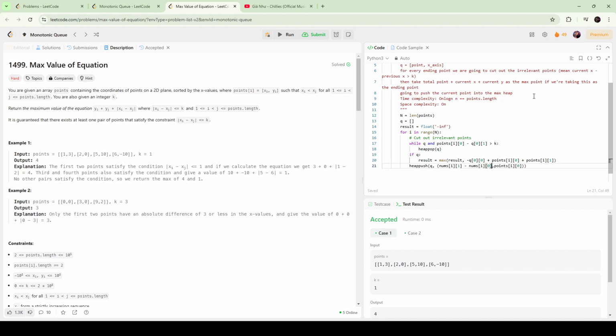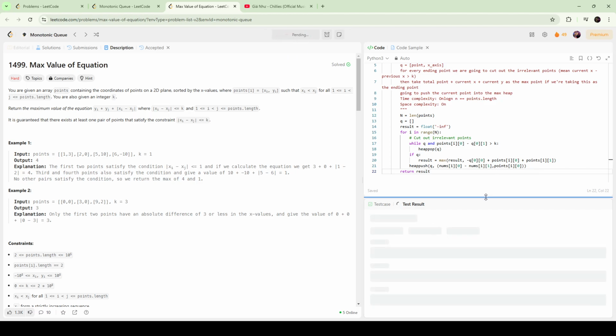But since this is going to be a max heap, we reverse the sign, and that's going to be points[i][0] minus points[i][1]. Okay, that's it. And then the last thing, we return result.